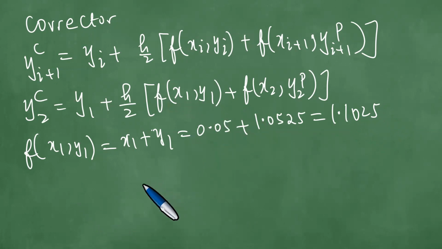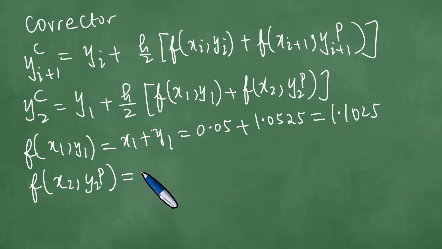Now we continue to get the other part, x2, y2 predictor. What is x2? We saw x2 is always from the axis, so it has nothing to do with the predictor and corrector. X2 is twice the h plus x0, but x0 is 0, so it's just twice h here.